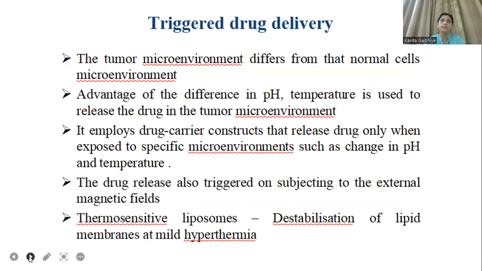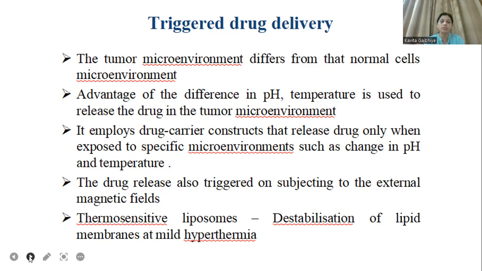That can be done using an external stimulus or an internal stimulus. In this condition we can utilize, for example, thermosensitive liposomes, with destabilization of the lipid membrane at mild hyperthermia. These drug carrier constructs release the drug only when exposed to a specific microenvironment.